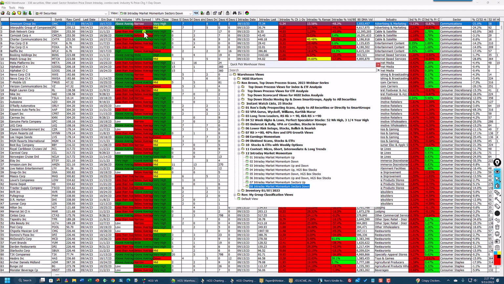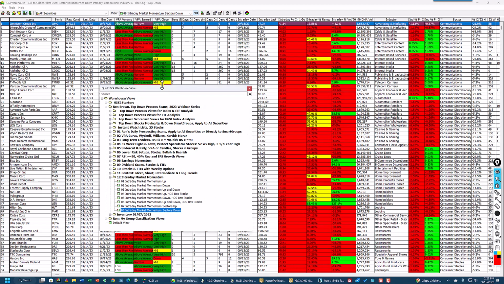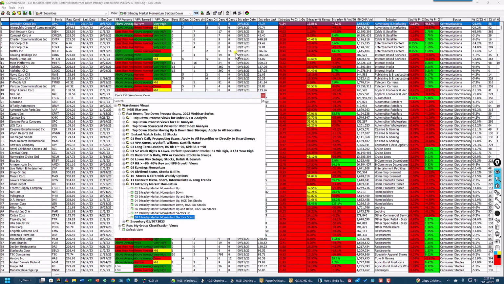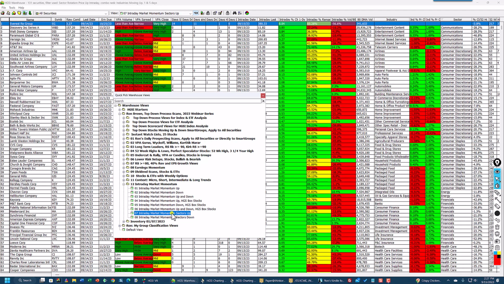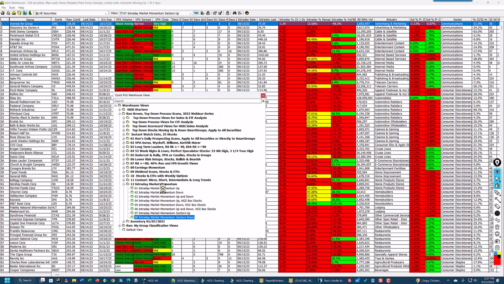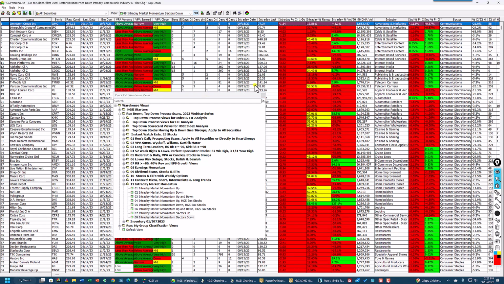So you can tell if the bigger money players are involved in these stocks, or they will be involved in them, but it just gives us a good feel for the momentum up and down. Number of stocks here up 131, down 338.